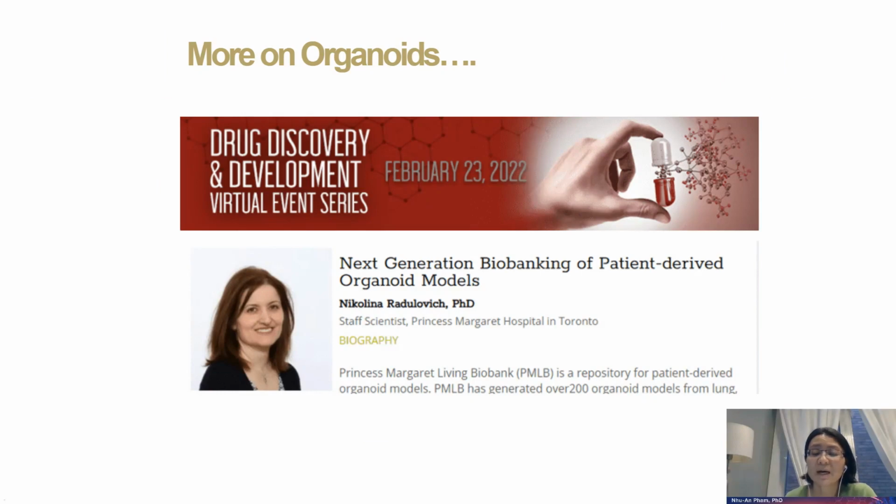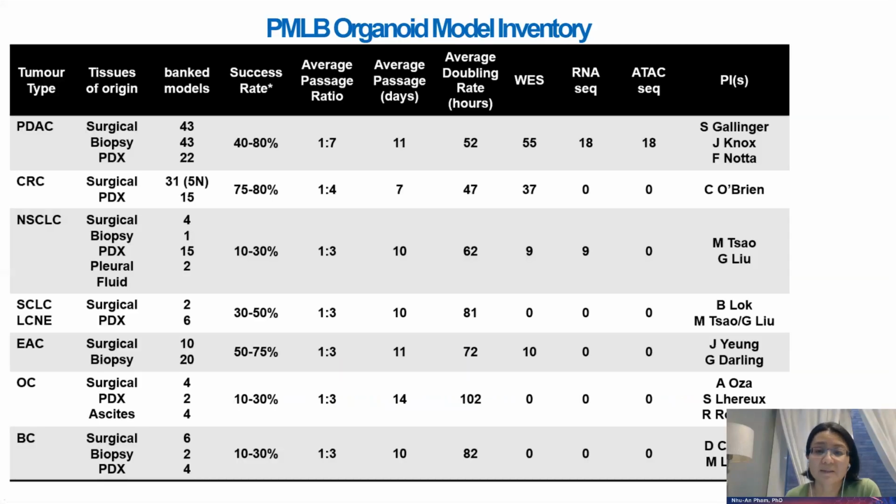So the organoid uses and applications were described by Nikki previously in last year's drug discovery virtual event series. Here I would describe some of the updates and some of the more recent uses with PDX. We can see here from the organoid inventory that the major tumor types are being represented.